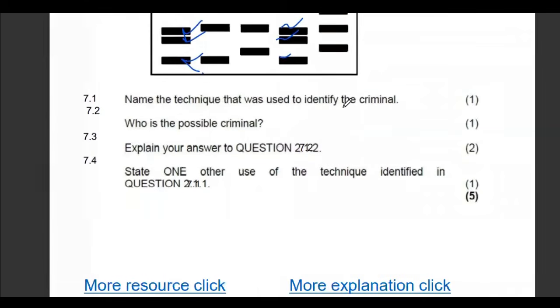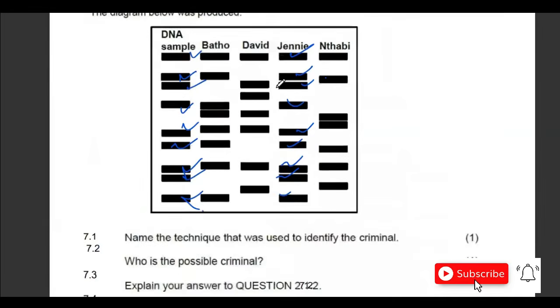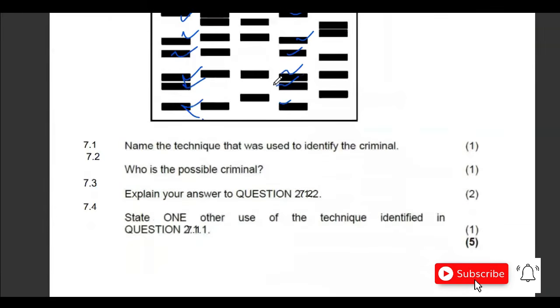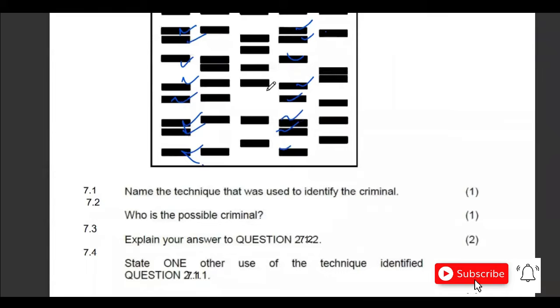And the technique which was used is DNA profiling, and what is being shown here is a DNA profile. So you must know the difference. A DNA profile is not a technique. A DNA profile is what you obtain when you analyze the DNA sample. So who was the possible criminal?